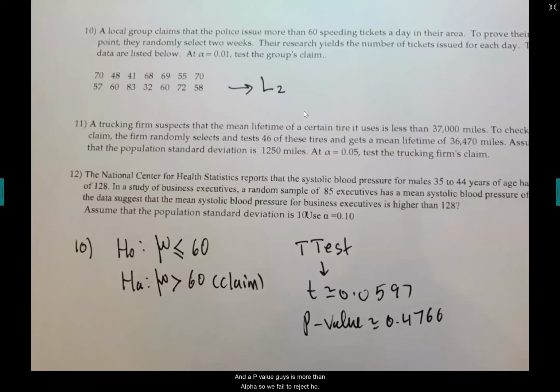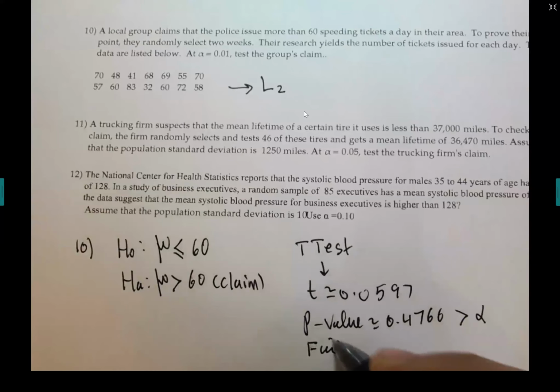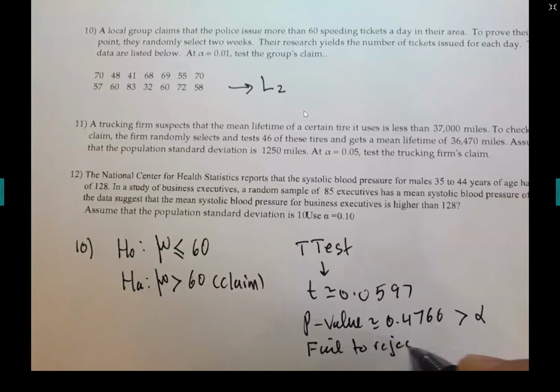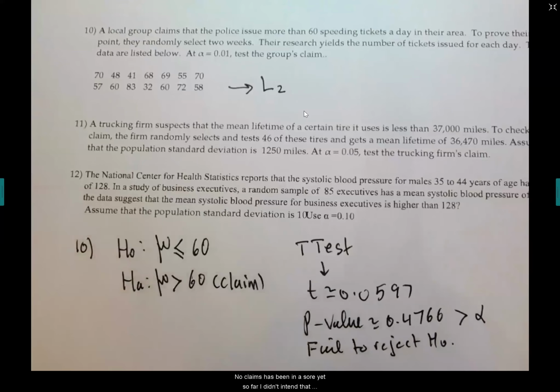The p-value, guys, is more than alpha, so we fail to reject H0. No claim has been in H0 yet so far. I didn't intend that, but this is how it worked. Since we fail to reject H0, we cannot support the claim.